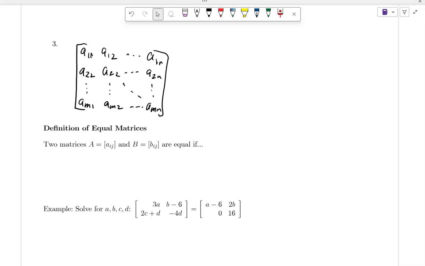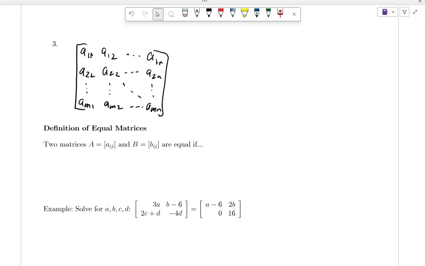So to be able to prove properties of arithmetic, like for example, you can add in either order or maybe multiplication distributes over a sum, you'll want to understand what we mean by equality of matrices because we want to show that the entries themselves all match up. So that's why we're defining what equality of matrices is.